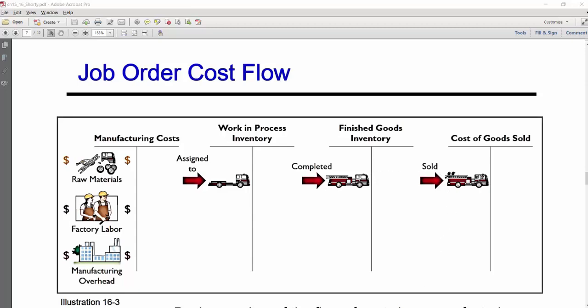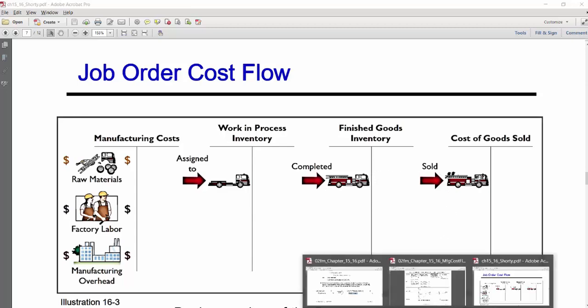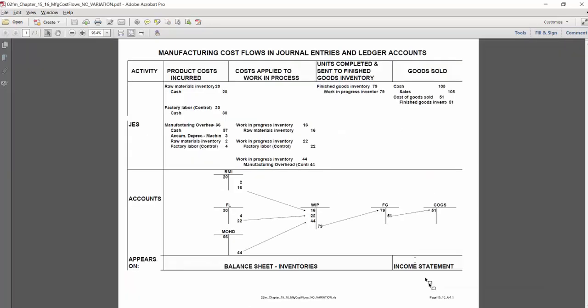So take a look at the handout that you have in your notes. It shows the relationship between journal entries, accounts that are involved, and the financial statements that these accounts are connected with. As product costs are incurred, we make journal entries like these.